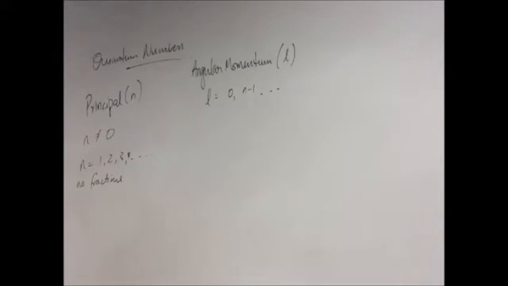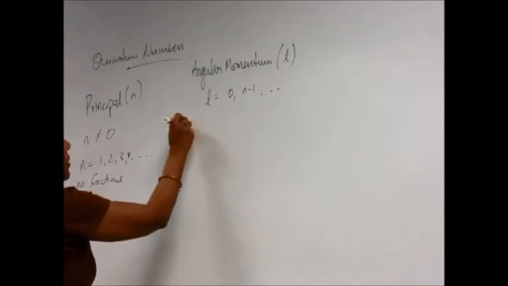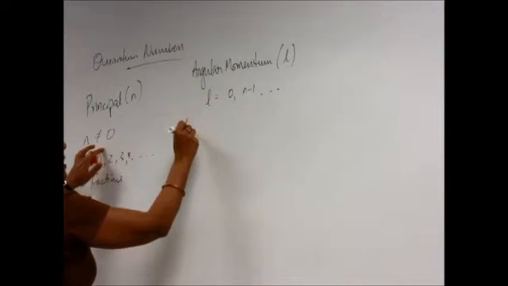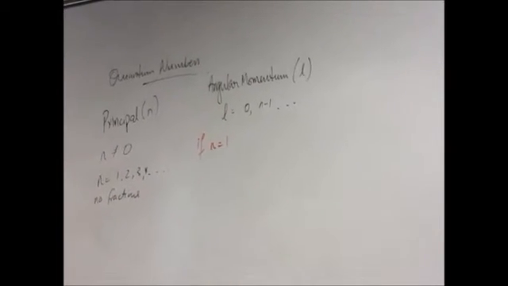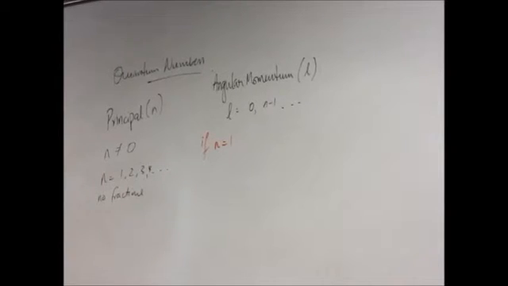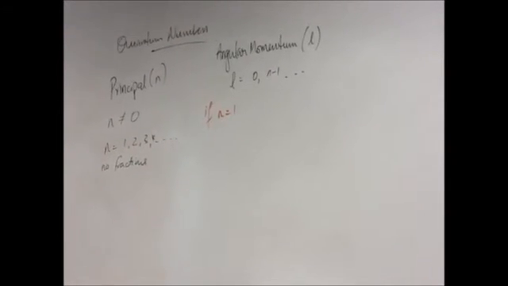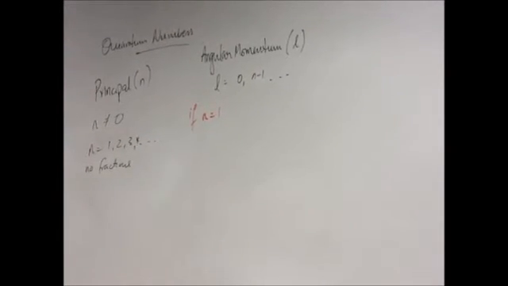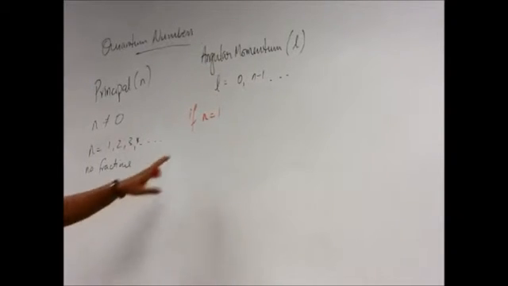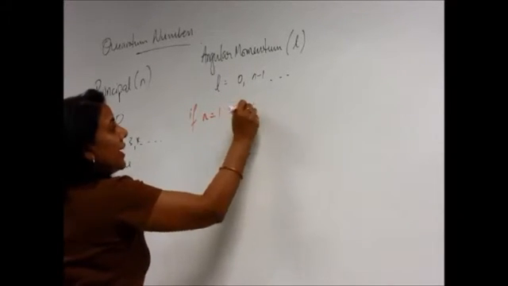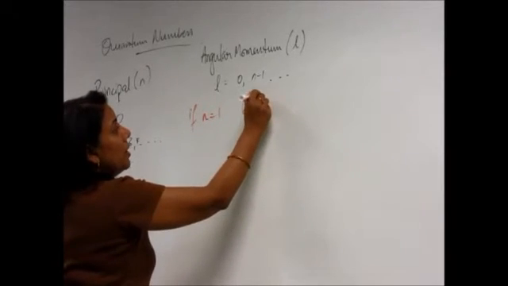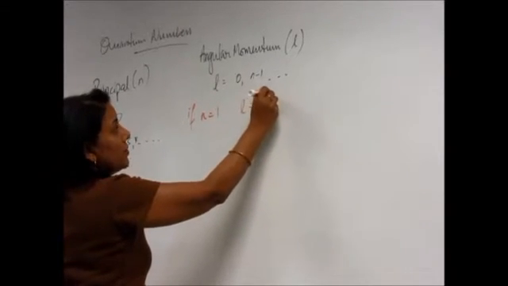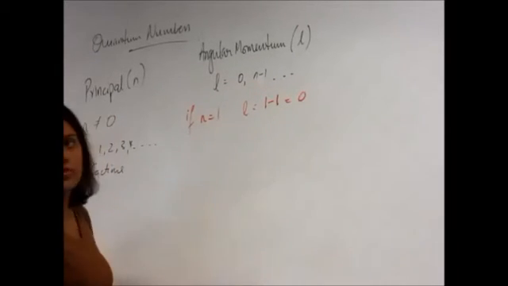This is a good time to have a new color. If n is equal to 1, now remember n can never be 0. That's what we mean by allowed numbers and not allowed numbers. The smallest number possible is 1. So if n is equal to 1, L is equal to 1 minus 1, which is 0.